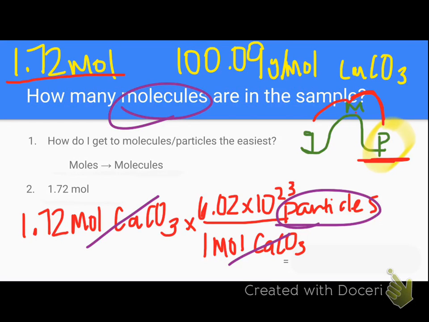Remember to use your E button, not a caret. And you get 1.035 times 10 to the 24th. Go back to our sig figs.